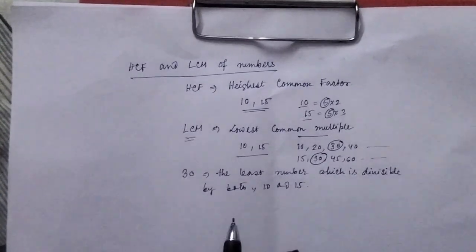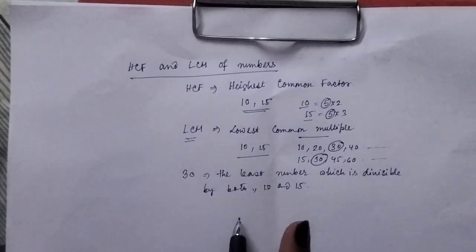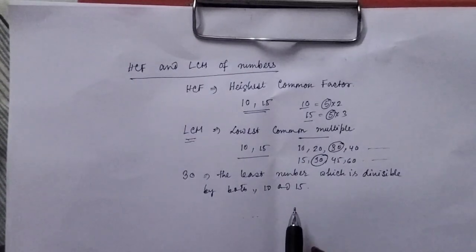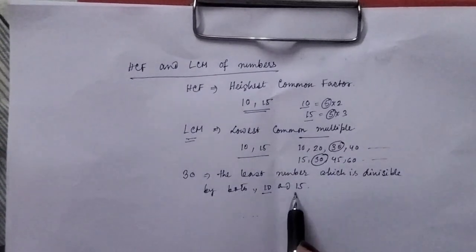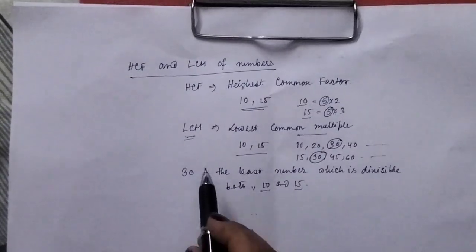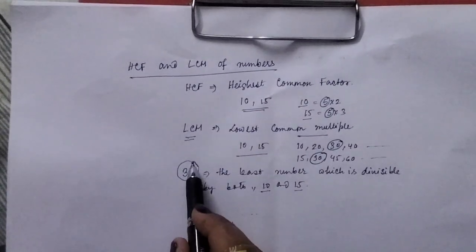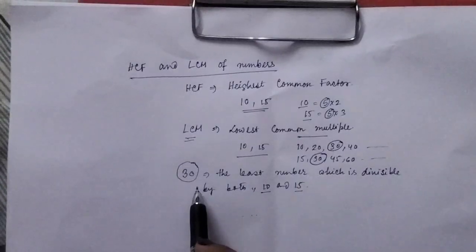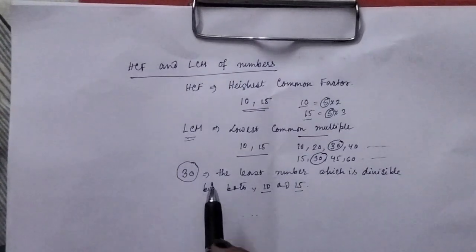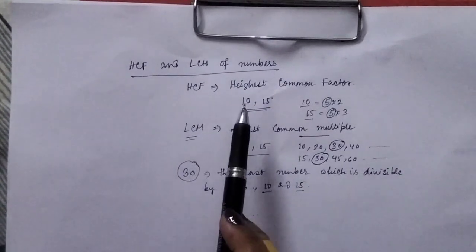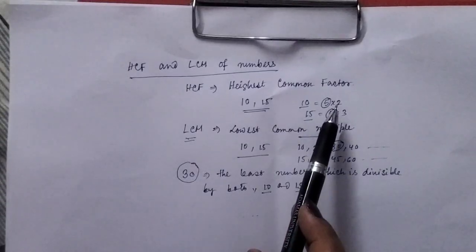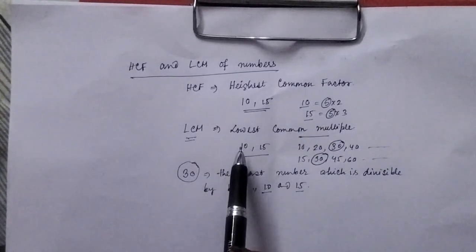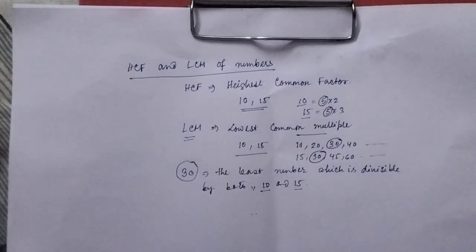Okay, that means all the other infinite number of numbers which are divisible by both 10 and 15 must be the multiple of 30. So among all those numbers, 30 is the lowest number. So by HCF we get the highest common factor of the numbers, and by LCM we get the lowest common multiple of the given numbers.